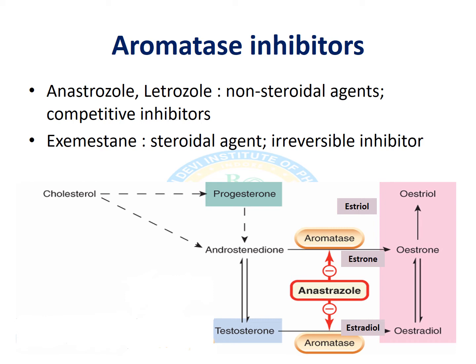The drugs are anastrozole and letrozole. These are non-steroidal agents and competitive inhibitors. Basically, they block the aromatase enzyme, which is responsible for the conversion of androstenedione into estrone, as well as testosterone into estradiol.